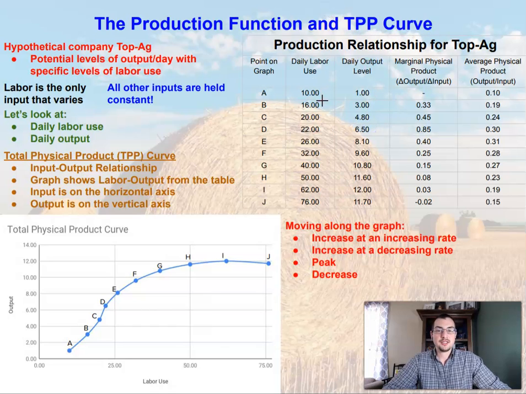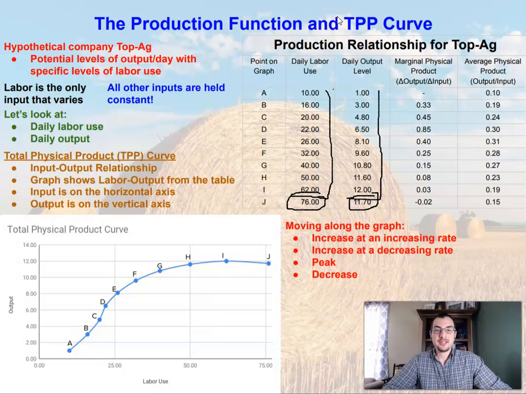What we're seeing is that as we increase labor, until we get down to this point right here, output increases as well, which makes sense. We'll talk about it a little bit later in the chapter why down here, as labor increases, we actually see a decrease in production.